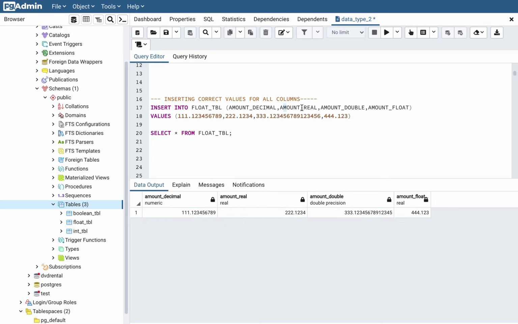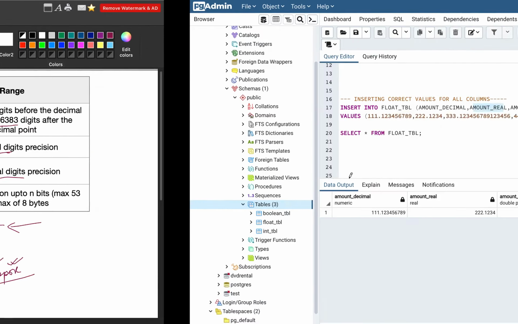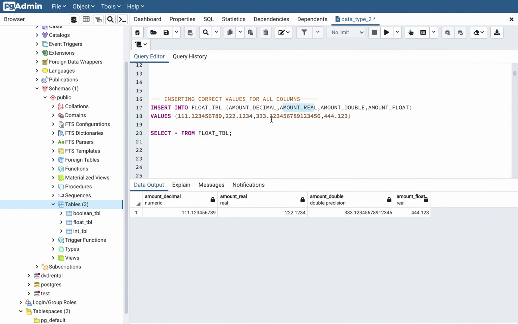Whereas for amount real, we know that it can store up to 6 digits after the decimal, but here we have inserted only 4 digits after the decimal, so it has stored well. Double precision can store up to 15 digits after the decimal, so it has stored them very well. I have taken 9 and then again 6, so it has stored all the 15 digits very well. And then it is 3 digits after the decimal.